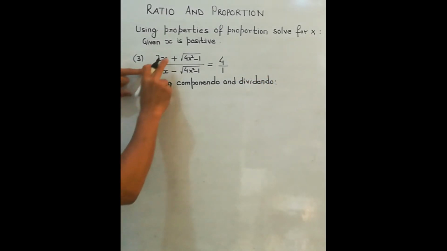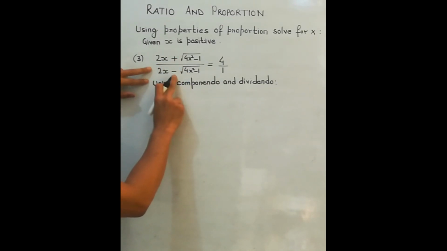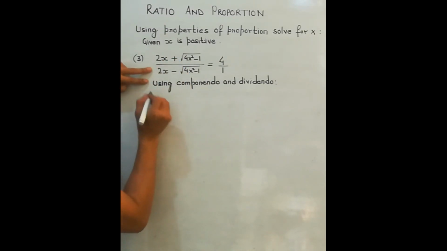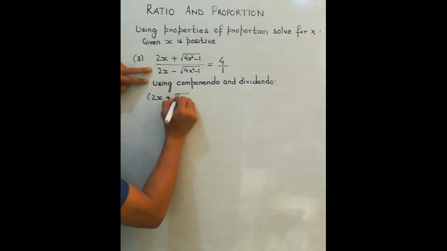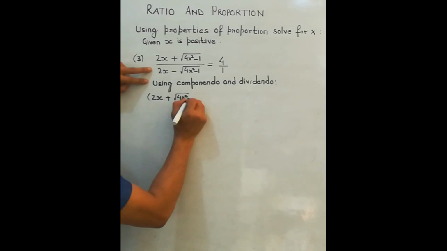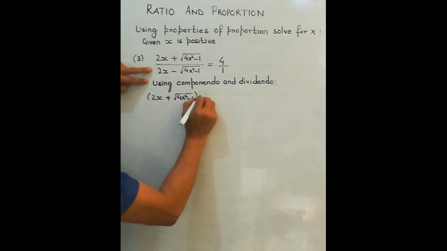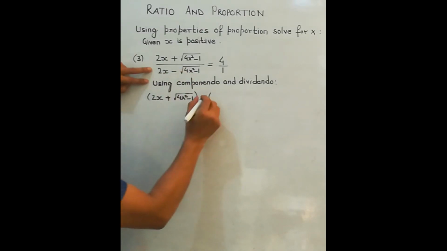So the left side, this is numerator and this is denominator. So I am going to apply the property. This is numerator, then plus denominator.